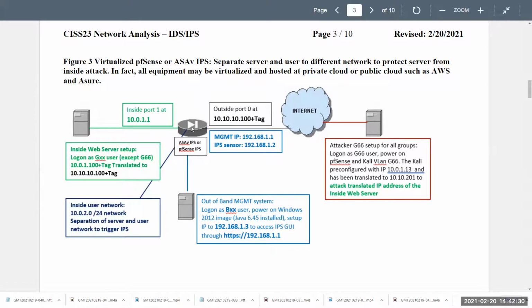If you move this box to Amazon, then you will move your server and you use the image also into Amazon, and you will stay from outside internet and access it exactly the same way as if you host it yourself here. So that's why I explained it here. Now we are going to, in fact, all the equipment, it may be virtualized and hosted at your private cloud or public cloud such as AWS or Microsoft Azure.